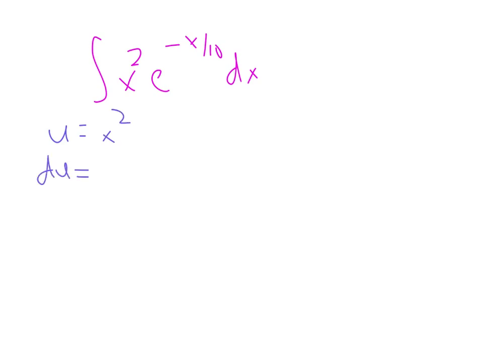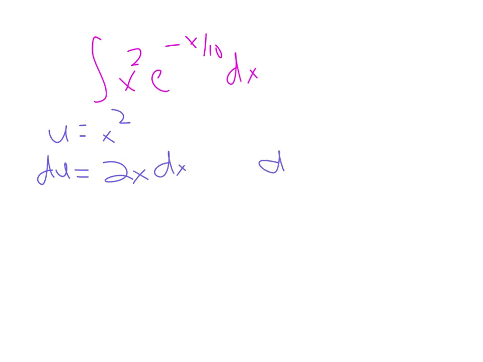Another problem. You might notice this is similar. Now, feel free to pause and try the problem yourself. It's going to be a very similar idea. So I'll say u is x squared, which means that du/dx is 2x, and then multiply by dx, basically.